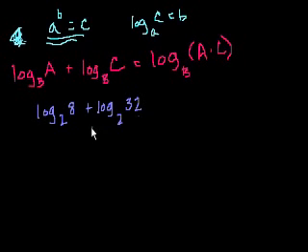So, in theory, if we believe this property, this should equal logarithm base 2 of what? Well, 8 times 32. So 8 times 32 is 240 plus 16, 256.